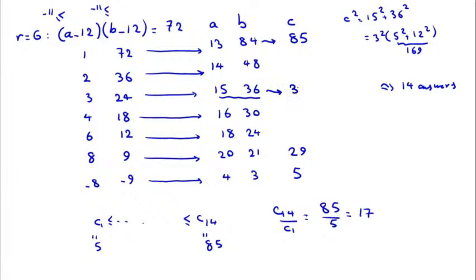So you calculate 39. For example, this one, C squared is 7 squared plus 24 squared. 7 squared is 49. 24 squared is 576. If you add these two numbers, you get 625.